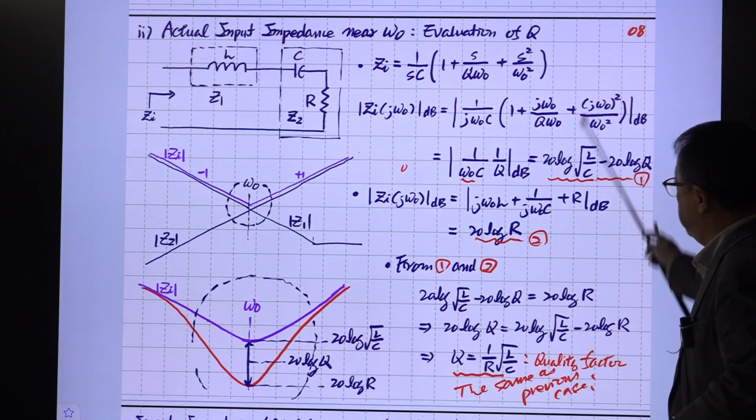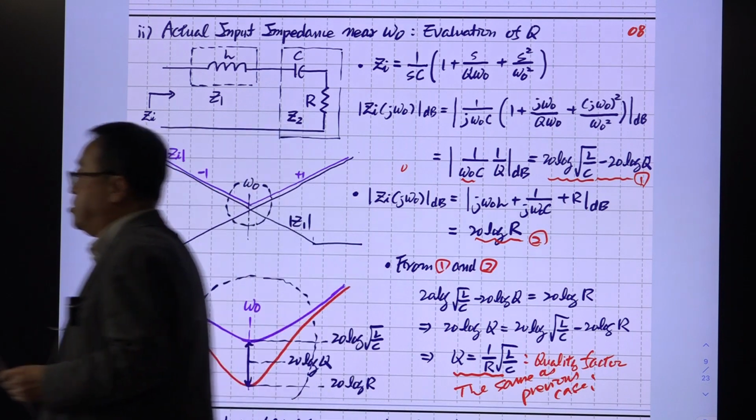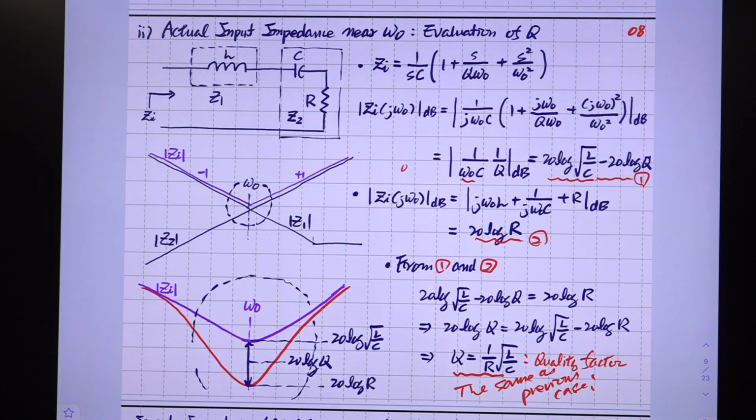Right? So this is the sketch of input impedance around the resonance. So this value is the characteristic impedance, square root of L divided by C, which is this value. This is the minimum value of input impedance.